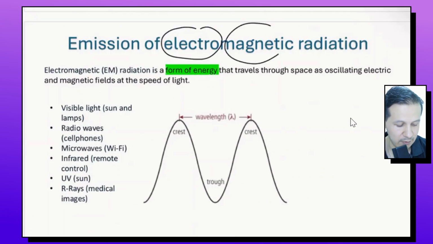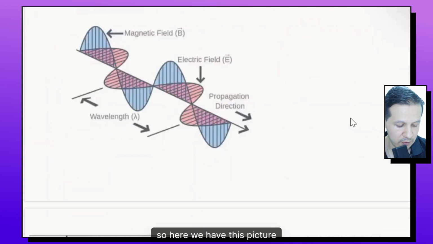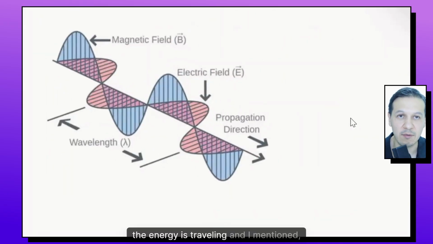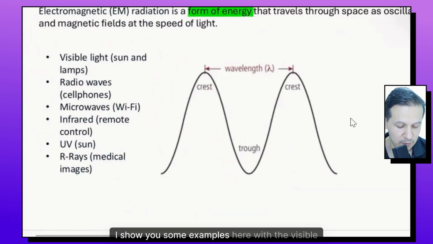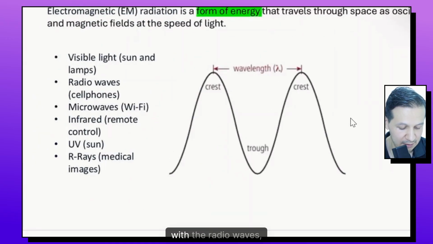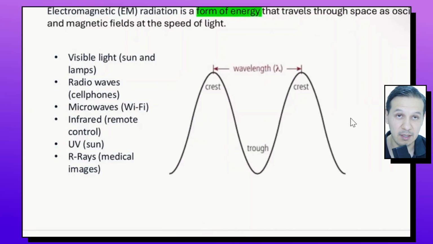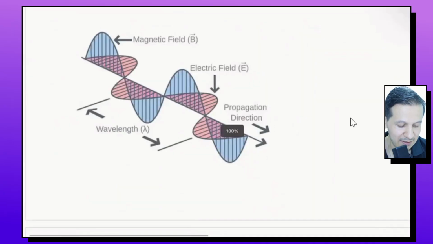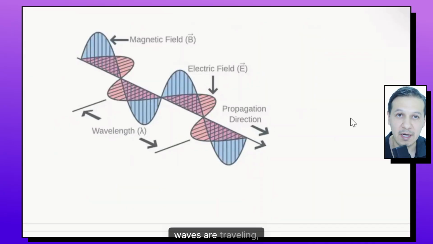Here we have this picture, and I want you to imagine the energy is traveling. I show you some examples here with visible light, radio waves, microwaves, UV, and X-rays. This is how these waves are traveling.